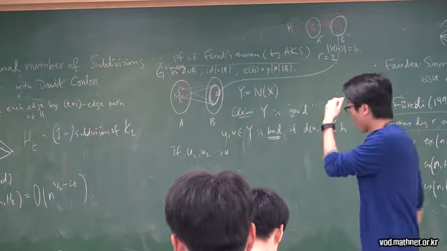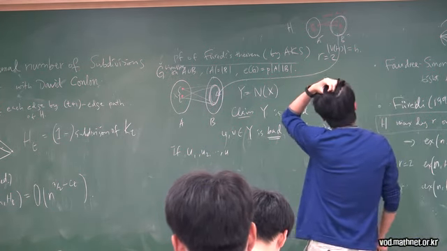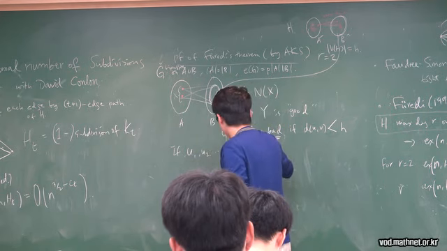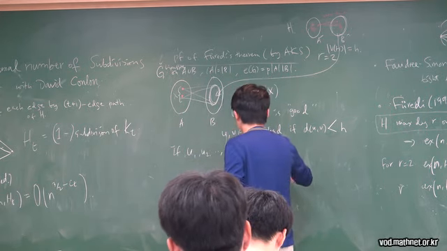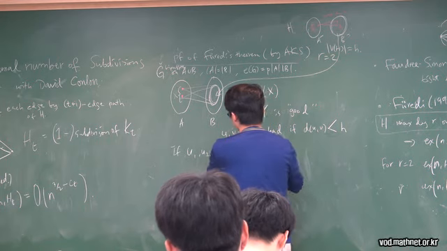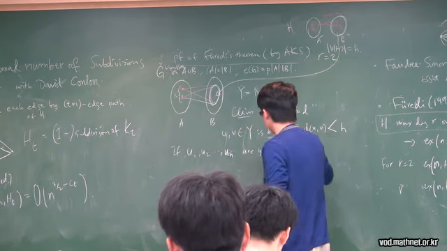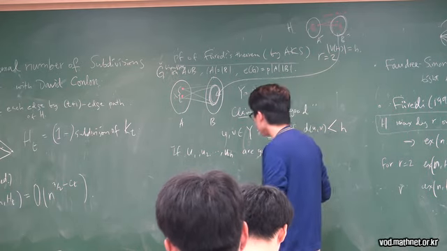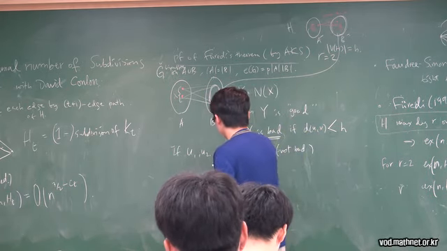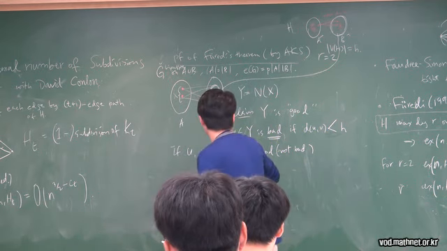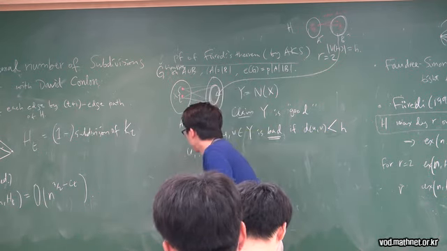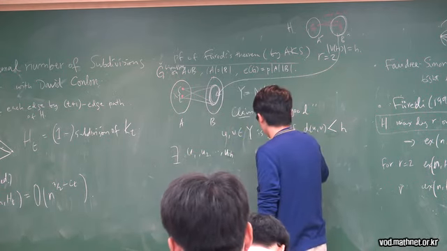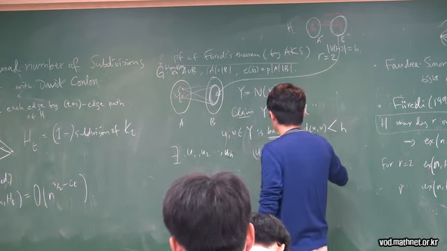If I picked it in a correct way, then all of these h vertices are good, which means every pair is not bad.